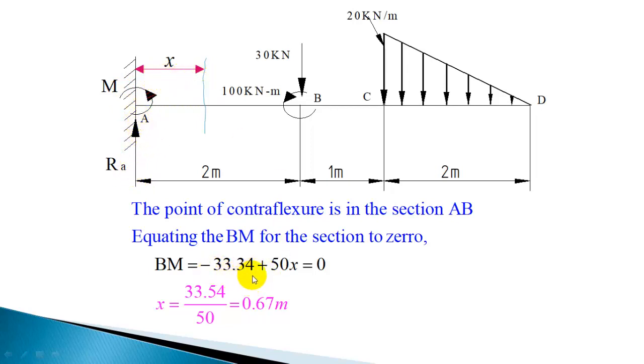So minus 33.34 plus 50x, and you can equal to 0. So bending moment equation for this section is 50x. The reaction is 50 into x, clockwise moment, okay, and minus 33.34. So that can be equated to 0. We get x as 0.67 meter. So this point of contraflexure is 0.67 meter from left end.